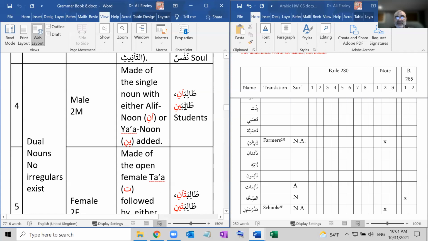So in this case, farmers is 2M. That's how I figure out that farmers is 2M.